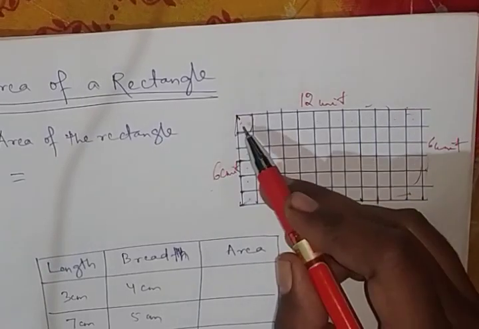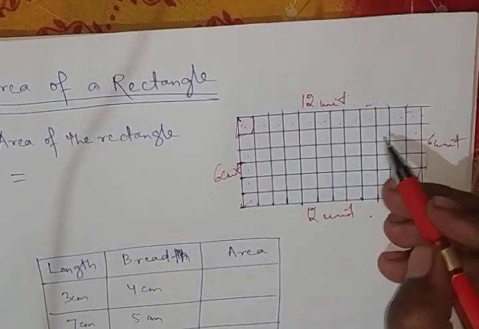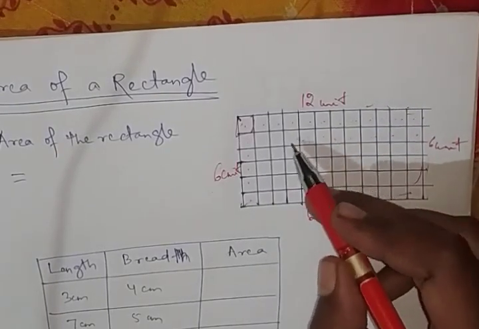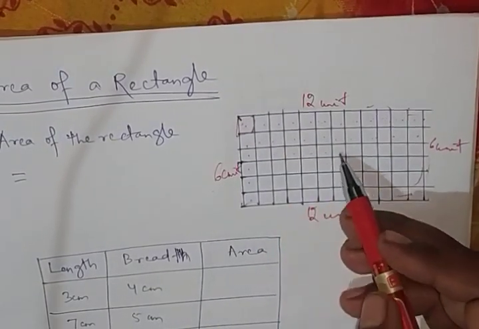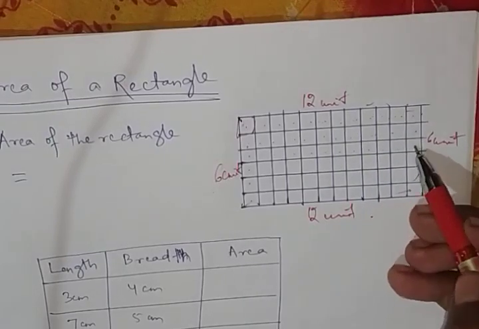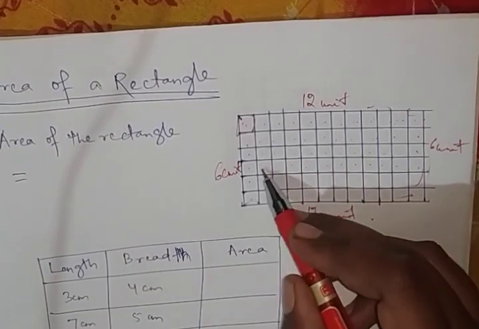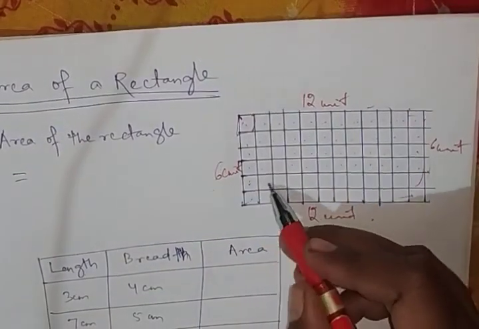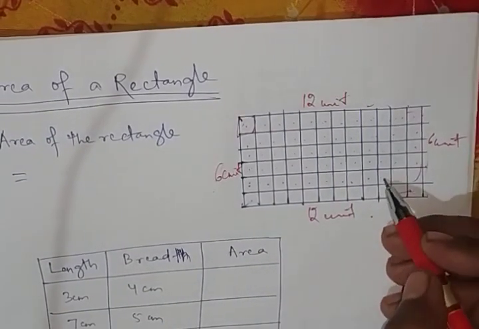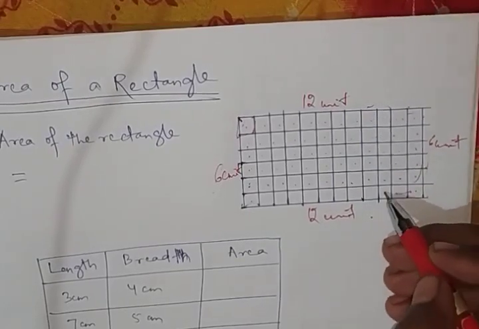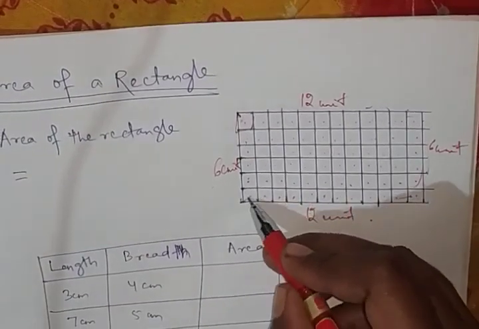Counting the squares: 1, 2, 3, and so on up to 72.